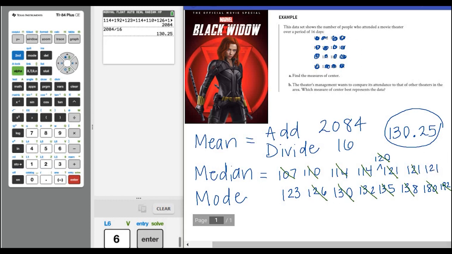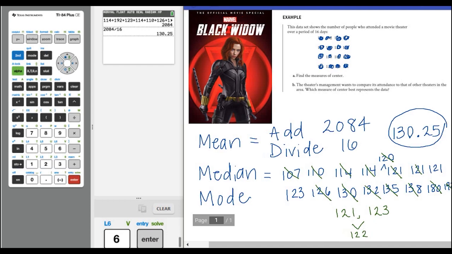My two middle numbers are 121 and 123. And what I need to do is find the middle number between those. So right in between 121 and 123 is 122, which is my median. So 122 is my median.